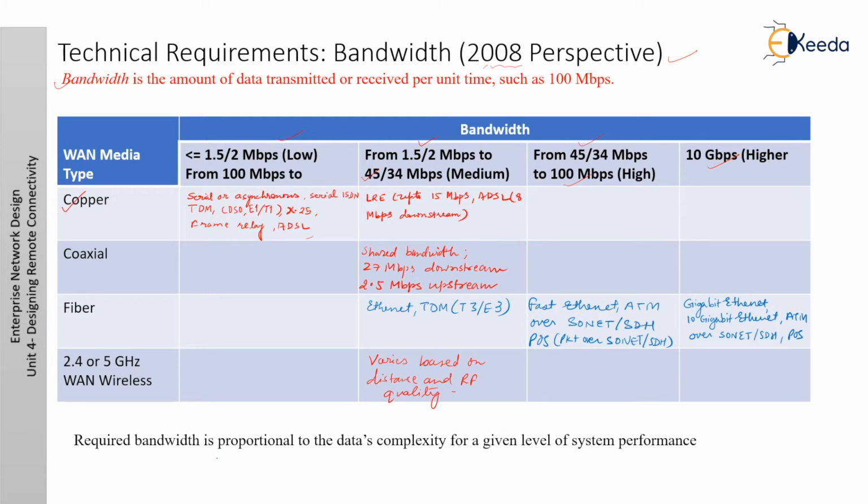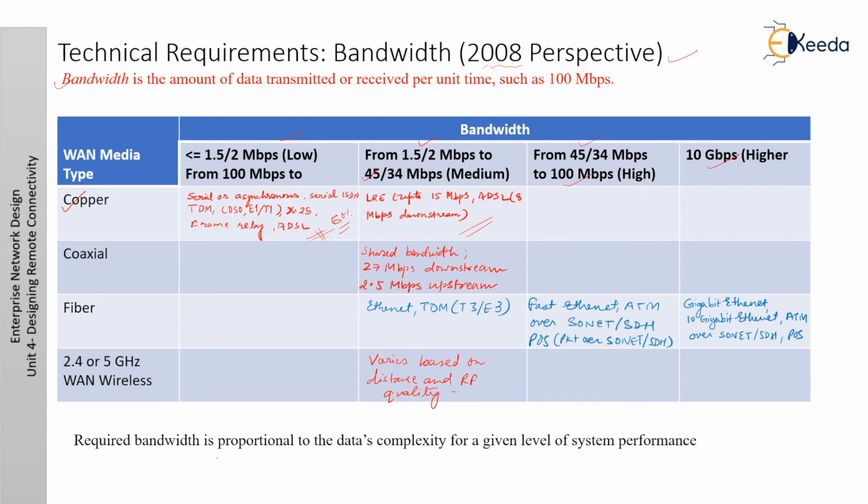So up to ADSL we can use copper, and nowadays around 60% of users are using copper technology. If they are using fixed bandwidth, fixed channel or DSL, cable modem, the speed is much greater. So LRE is up to 15 Mbps and ADSL 8 Mbps downstream.